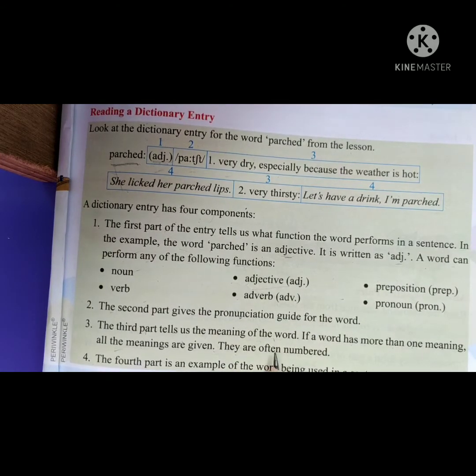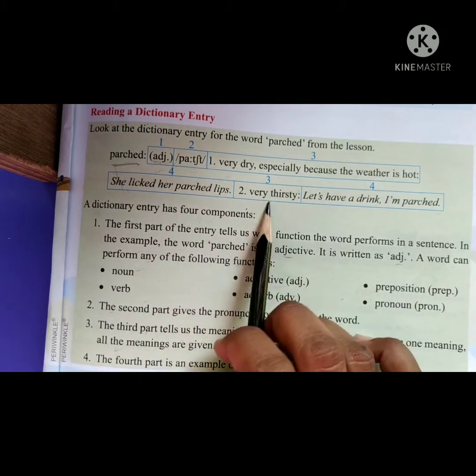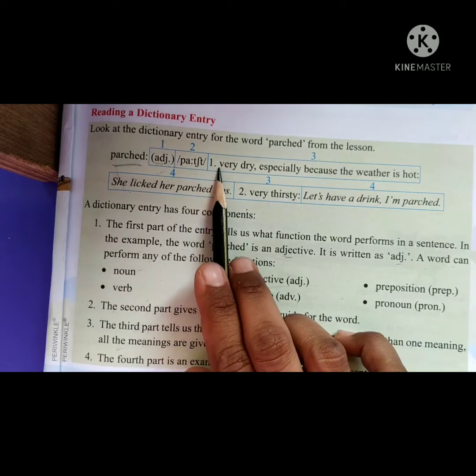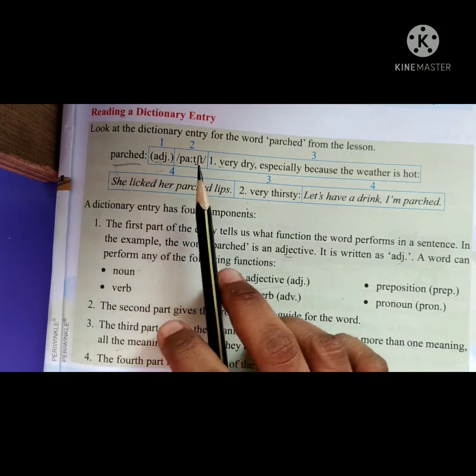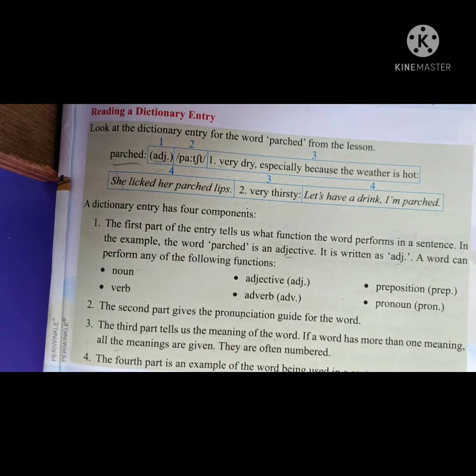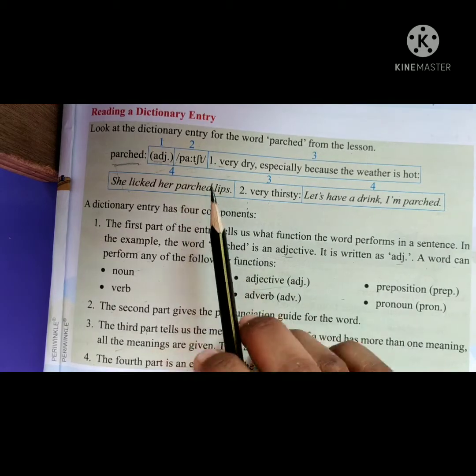They are often numbered. See children, here the numbers 1 and 2 are there. Here it is one meaning and it is the second meaning. If the word has more than one meaning, that is also present in the dictionary.